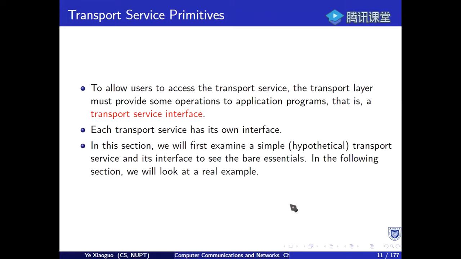So to allow users to access the transport service, the transport layer must provide some operations to application programs. That is a transport service interface. Each transport service has its own interface.